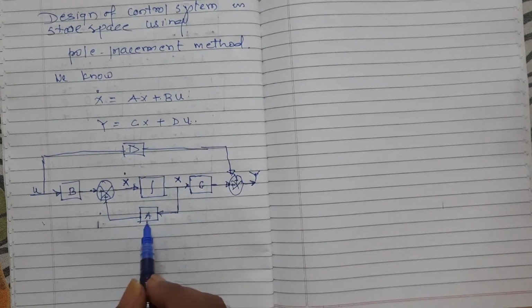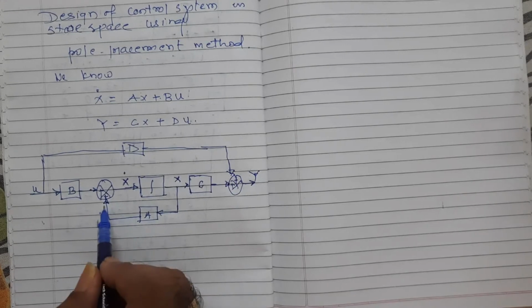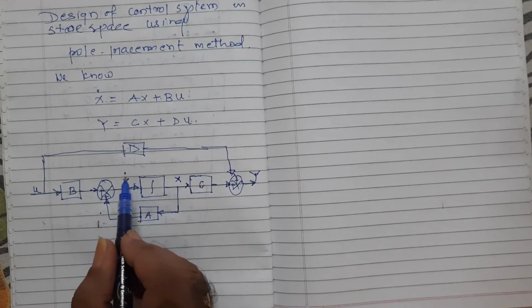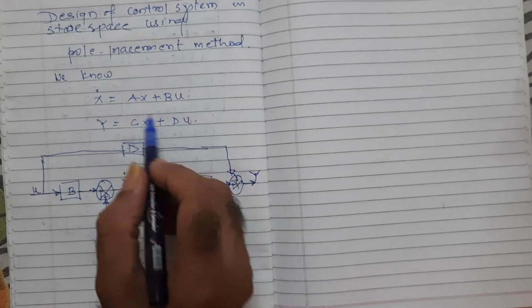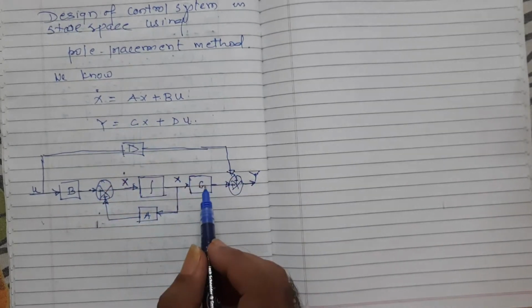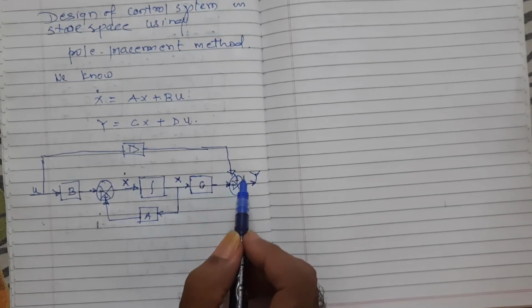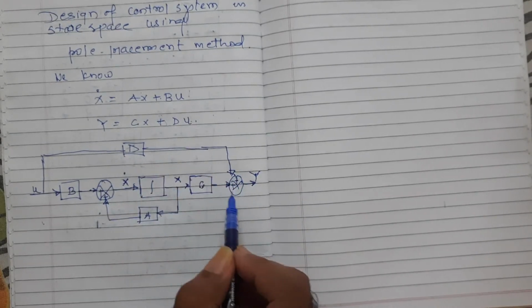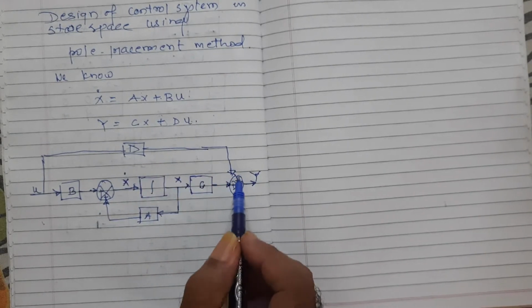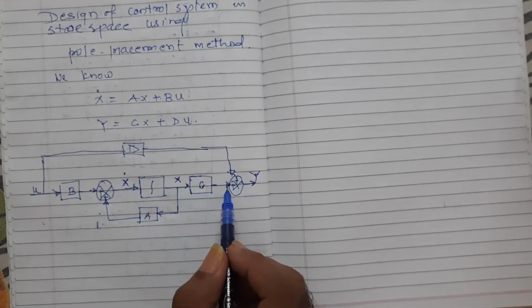So this x is multiplied by a, so here I have a into x plus b into u, that is x dot. Now y equals cx plus du. Here I put c multiplied by x, that is cx, and here is another summing point, both positive, so plus plus signs.